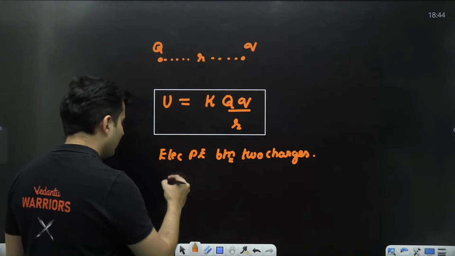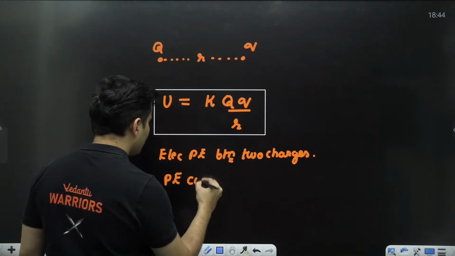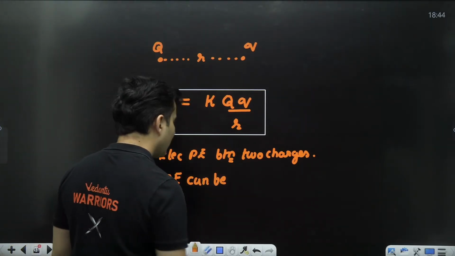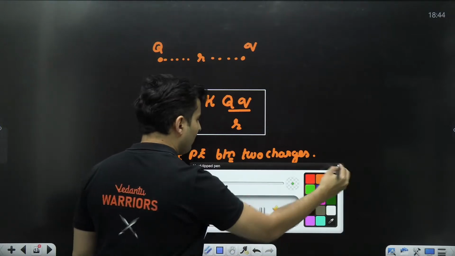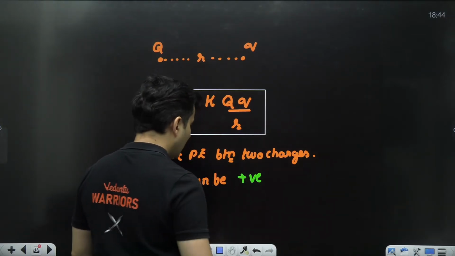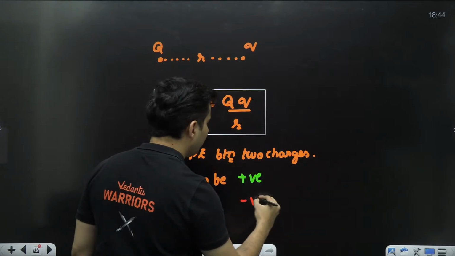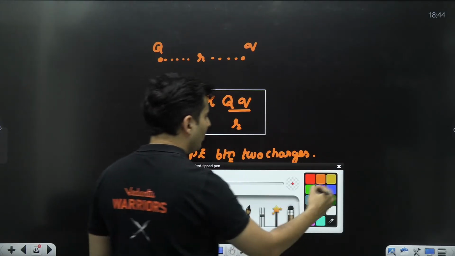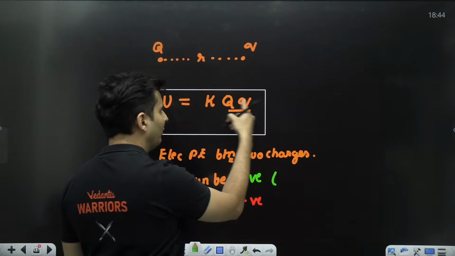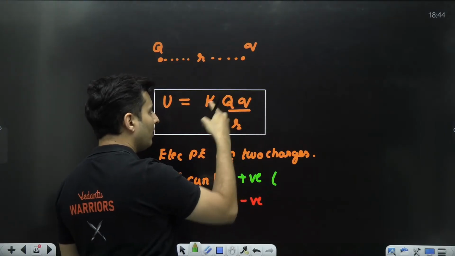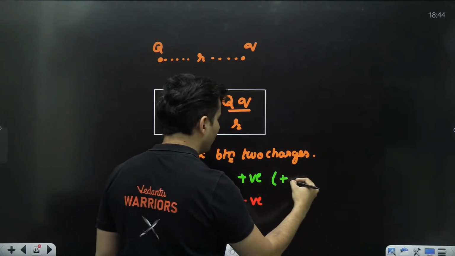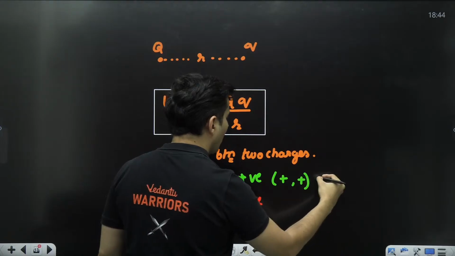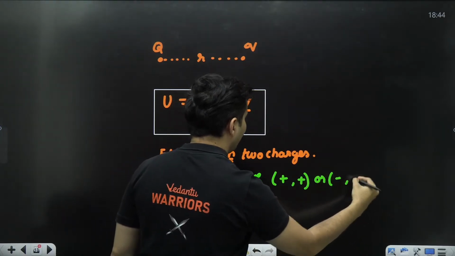Now please remember, potential energy can be positive and it can also be negative. Can you guess when it will be positive? It will be positive if both charges multiply to give a positive number. That means one is positive and the other is also positive, or one is negative and the other is also negative.